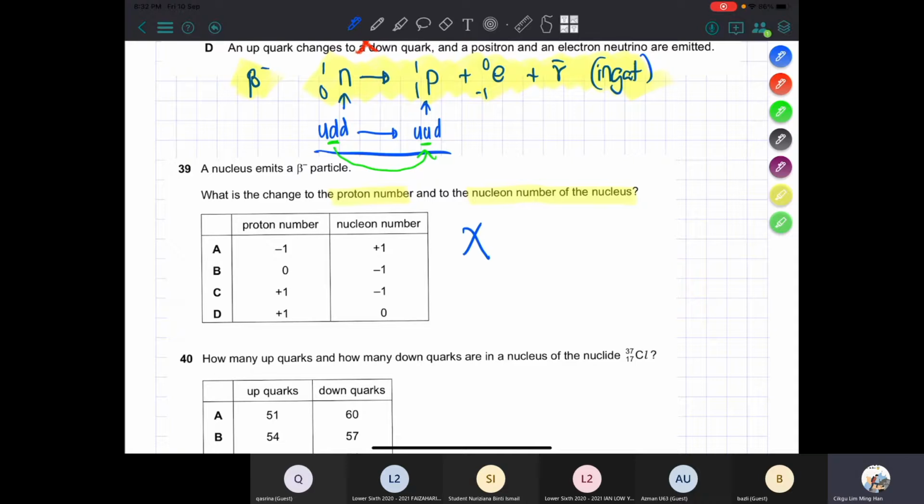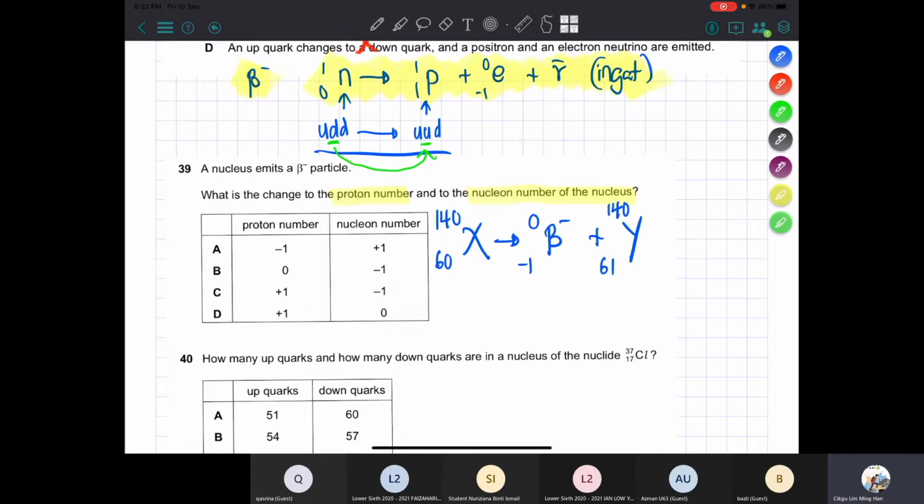Let's say we have the X again. X 140 60 emits a beta minus. Beta minus is 0 minus 1. So the new nucleus will be 140, here becomes 61.